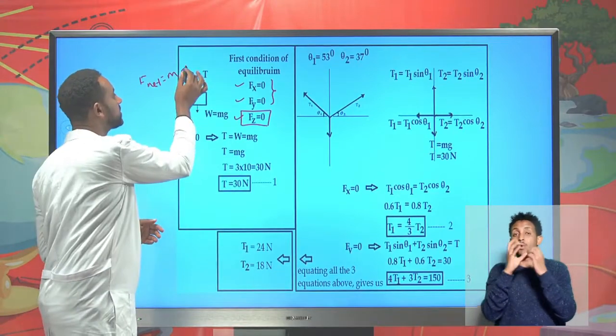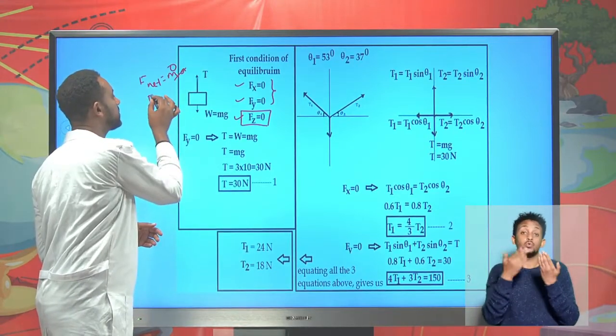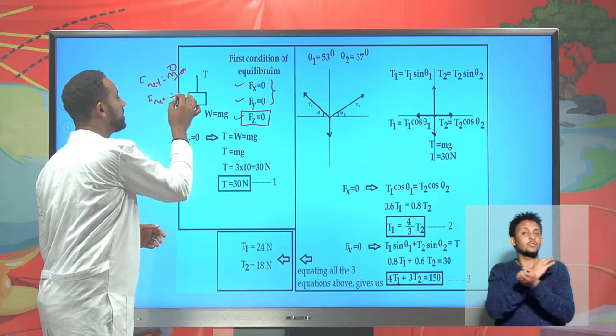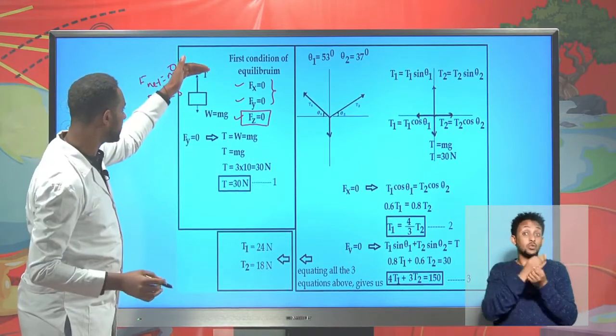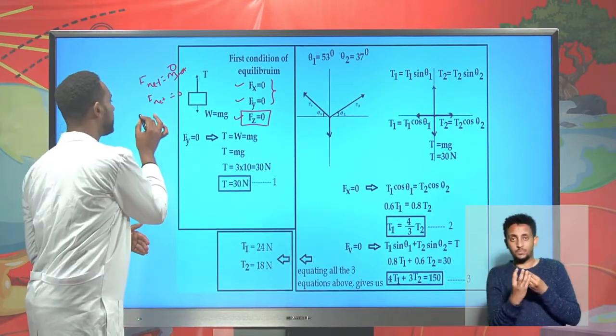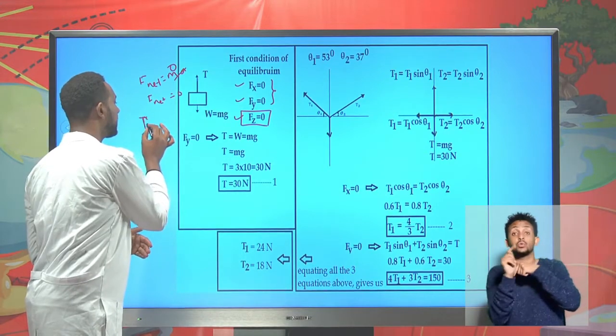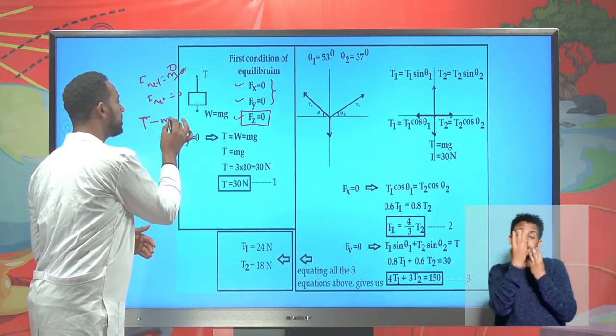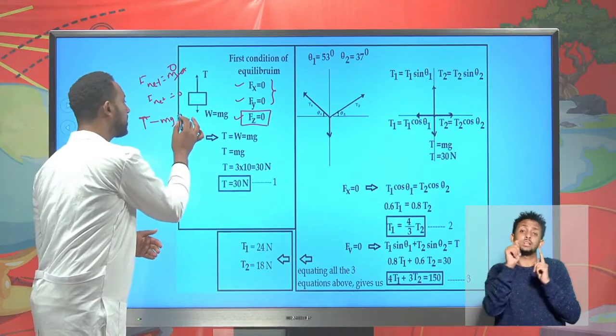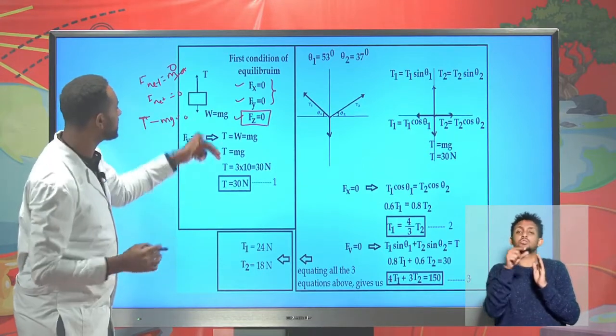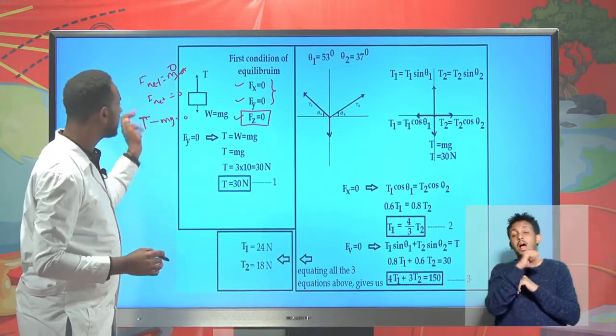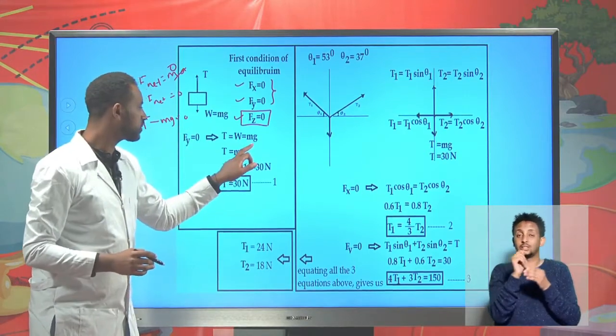If the object is at rest, the acceleration is 0, so the net force must be 0. The net force here is the tension T acting upward and the weight acting downward, so tension minus mg gives us 0. When you move mg to the other side, it gives you tension T equals the weight mg.